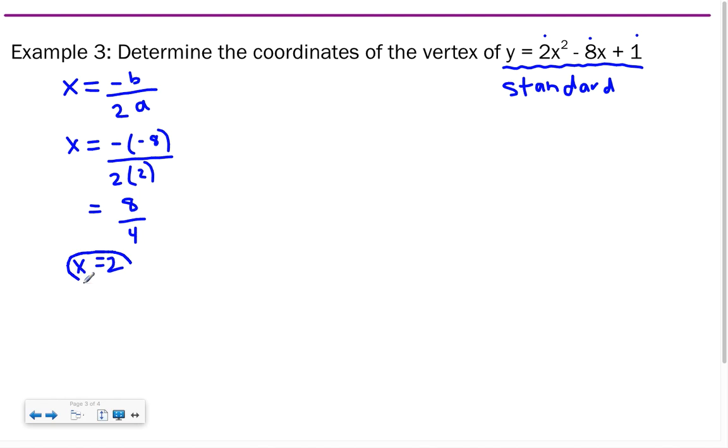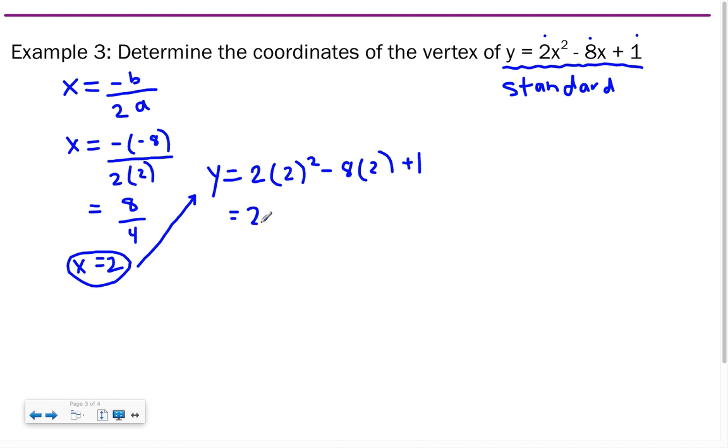So we have that piece of information. We have the x-coordinate of our vertex. We need to find the y-coordinate of our vertex. And the way that we do that is just to take our original equation and plug 2 in for x and solve for y. So we want to know what y is when x is equal to 2. So we've got y equals 2 times 2 squared minus 8 times 2 plus 1.